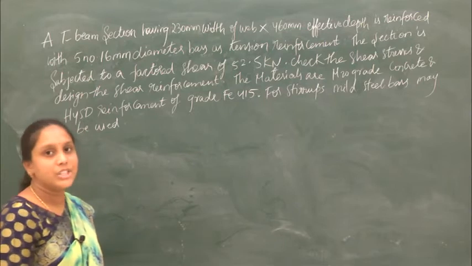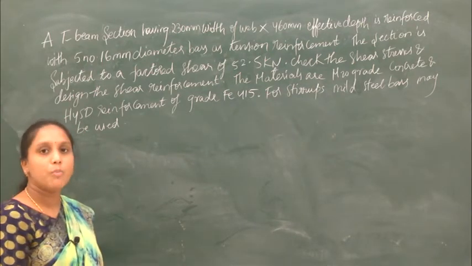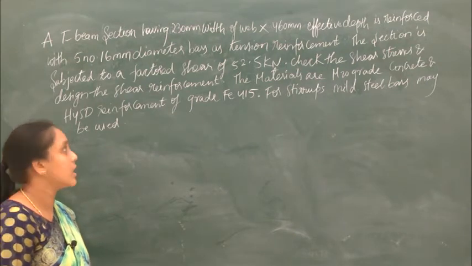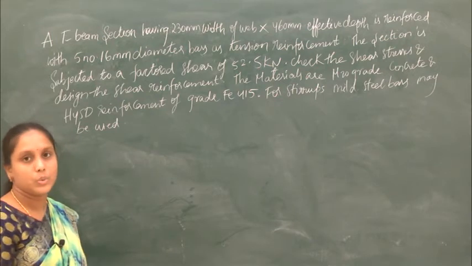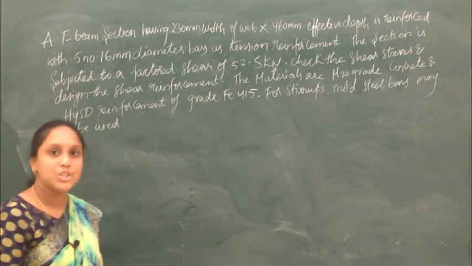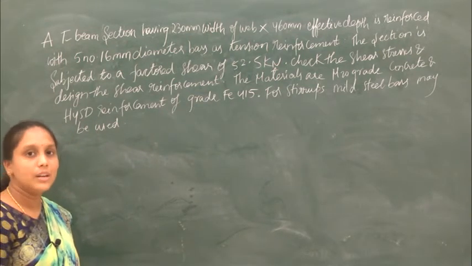And the section is subjected to a factored shear of 52.5 kilonewton. So what is given here? Vu is given here. So Vu is 52.5 kilonewton. What is asked to find out here? Check the shear stresses and design the shear reinforcement.